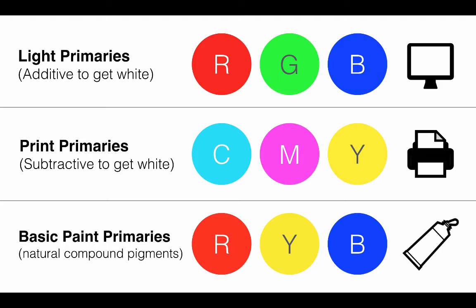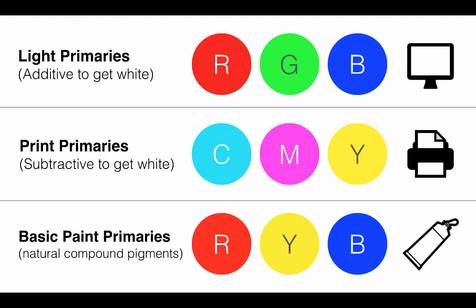If there's no light, then we don't see anything; you get blackness, or darkness. So that's the original set of primaries. Everything is ultimately based on this red, green, and blue spectral combination of light.